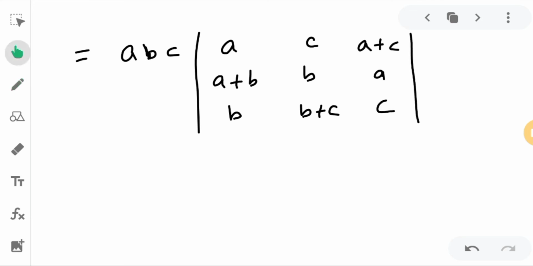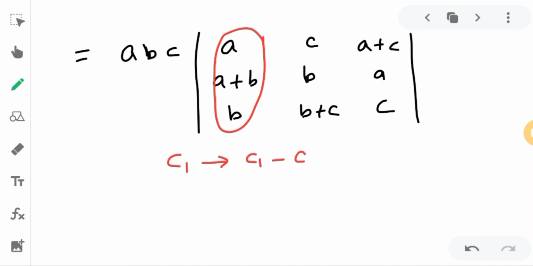Now I can simplify this a little bit. How? See, here we have A plus B. What will I do? I will subtract. In this column I will do C1 minus C2 minus C3, correct?